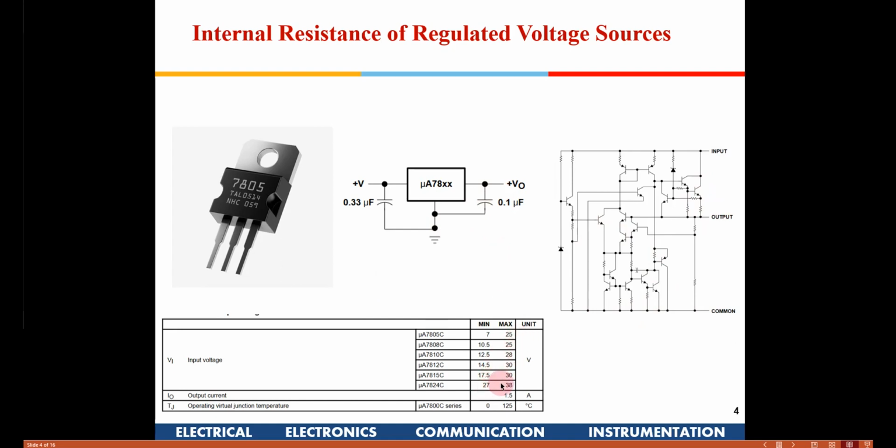It can give a maximum current of, see the ratings, I out is 1.5 amperes. So from 0 to 1.5 amperes, it will give a constant voltage of 5 volts output. So for these kinds of ICs, you can assume that the series internal resistance is 0, because you have a regulated output. Is it understood?